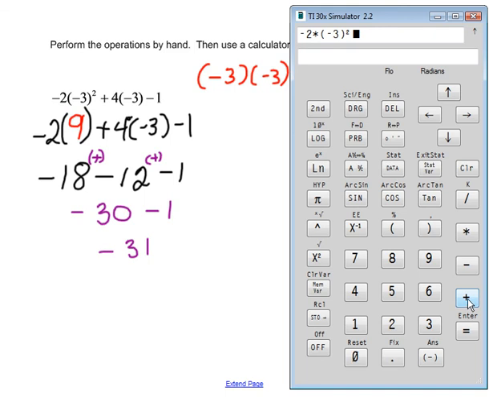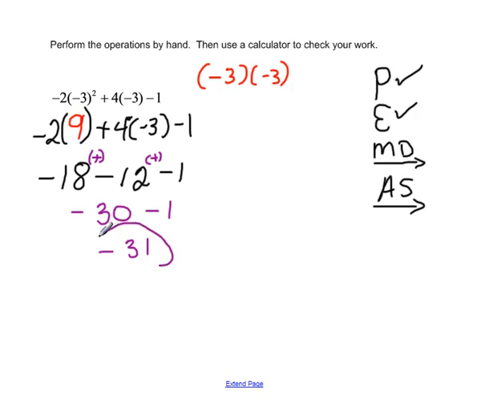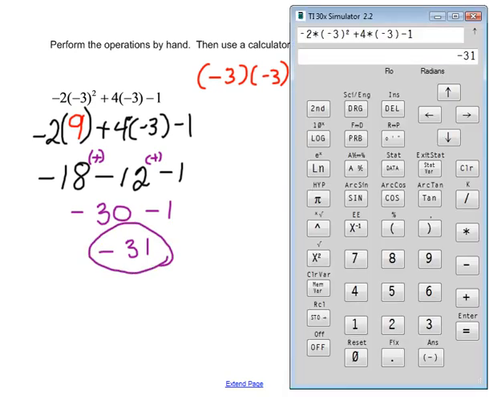Now to that, we add +4, and that 4 is being multiplied to -3, so times, in parentheses -3, close the parenthesis, and then I'm going to subtract 1 there at the very end, and we'll cross our fingers and press enter, and there's the -31 that we were hoping to see.